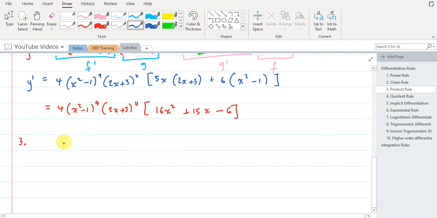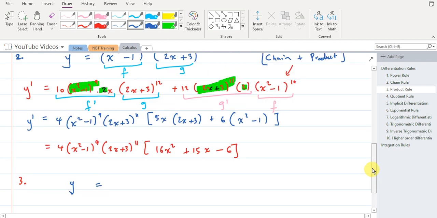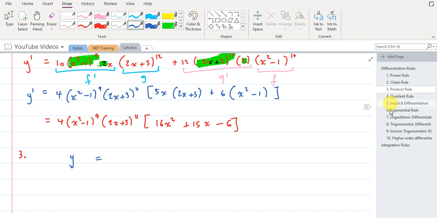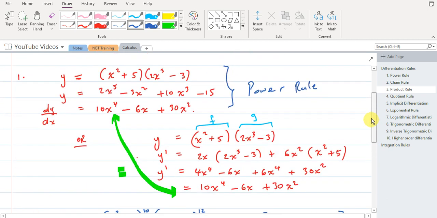Example number 3. If I have y is equal to, so at the moment I'm just giving square root functions and polynomial functions and rational functions, not involved with trig and inverse trig. We'll get there soon. So if I take another example, y is equal to, let's take something simple.